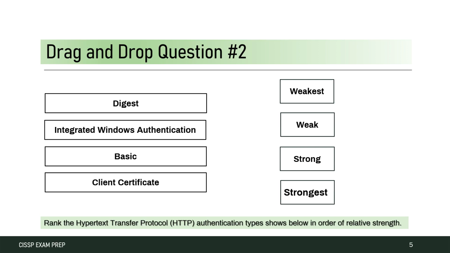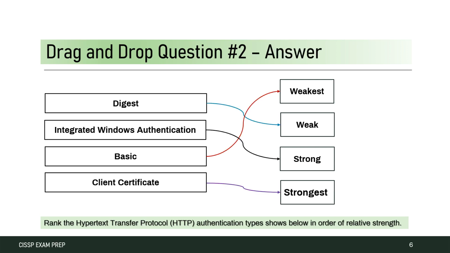Now let's think about this. Let's begin counting. 5, 4, 3, 2, 1. And the answer is, Digest is weak, while Integrated Windows Authentication is strong. Basic is the weakest one, while the client certificate is the strongest one.